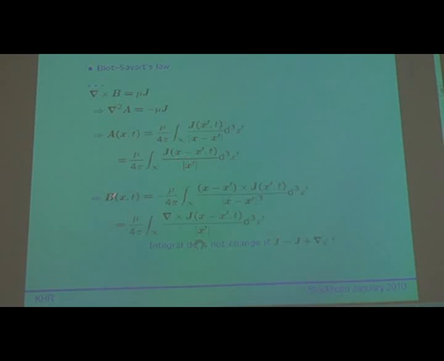If you then take the curl of A, that means B, you have simply the curl of J. And this representation tells you that if you change J by adding or subtracting any gradient, then this integral will not change.